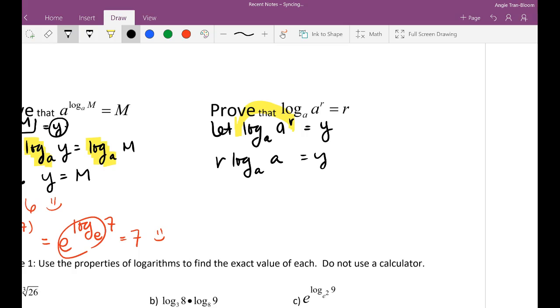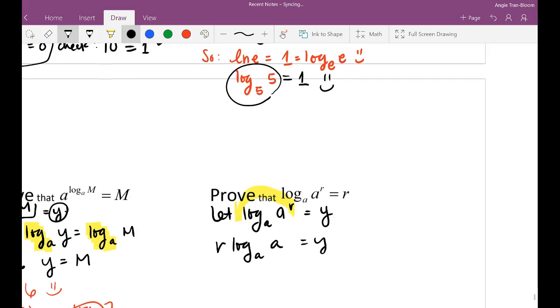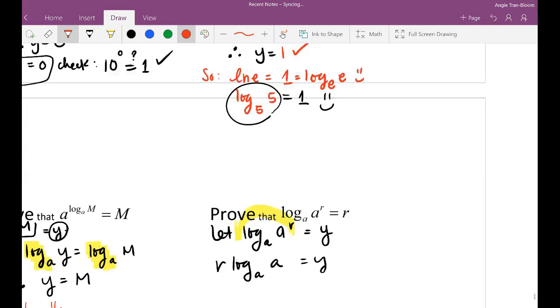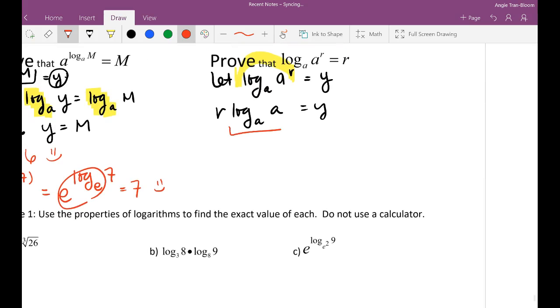Well, what do you think? Log base a of a. Didn't we just prove that somewhere up here? Whoa, look at this. Log base a of a is always 1. Oh my goodness, this is always 1. So now we have r times 1 equals y. That means r is y.